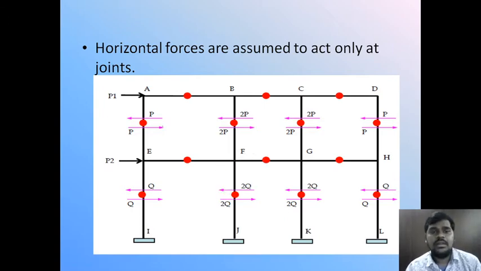Listen here, we see horizontal force P1 acting at a joint, and P2 also acting at a joint. Fine. So this is P, the shear force, and this is double the shear force, and this is also double the shear force, and this is the shear force. This is Q, 2Q, 2Q and Q. This is what is explained in the second assumption.